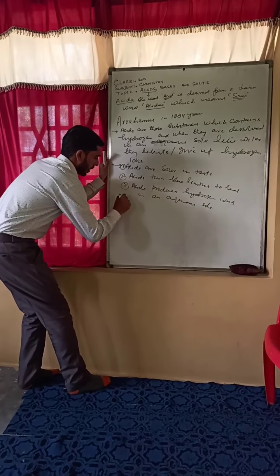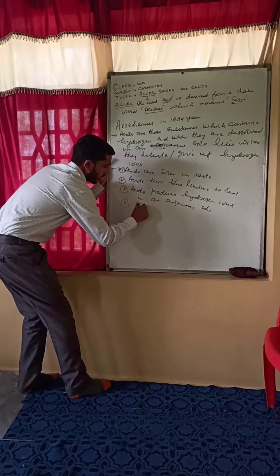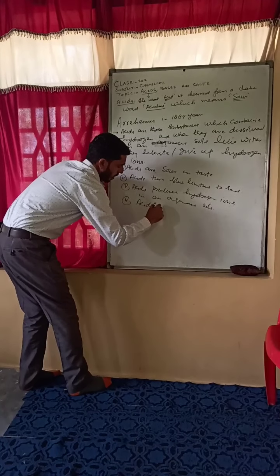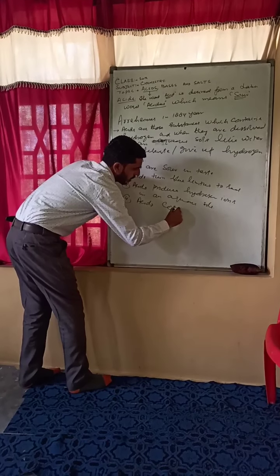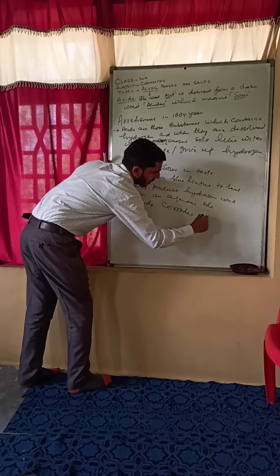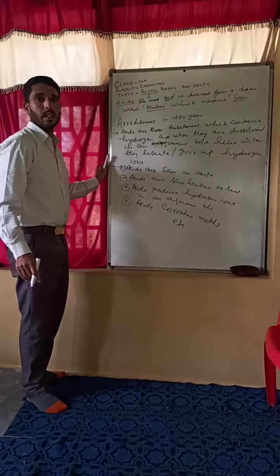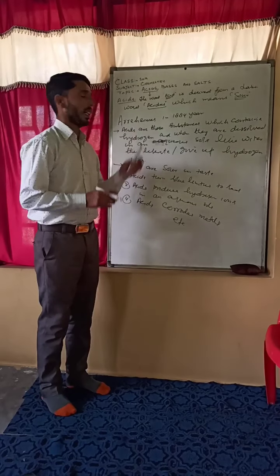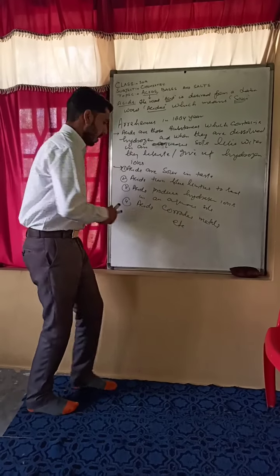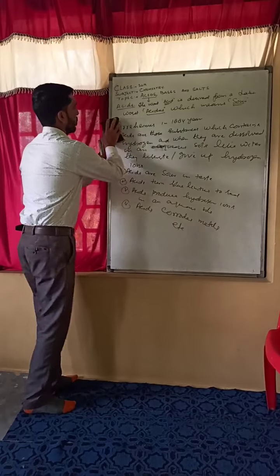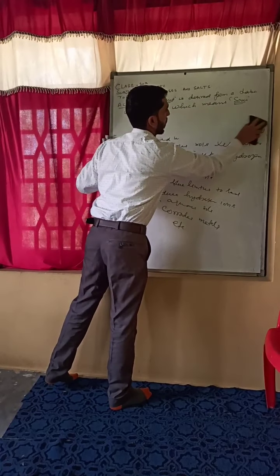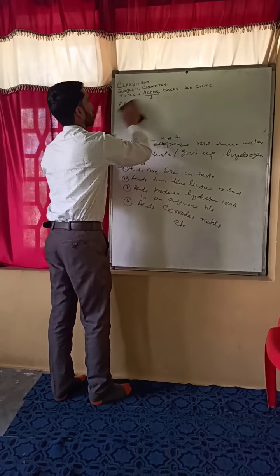Then the last one is acids corrode metals, etc. This is another best definition of acids. Clear, my dear students? Now I will rub the board in order to make more space for writing.